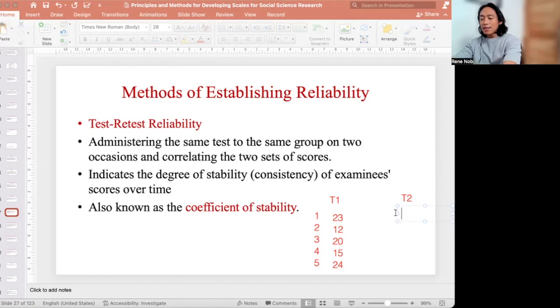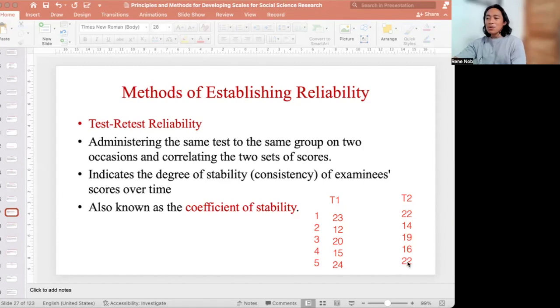So hypothetically, it might not be exact, but let's say, for example, participant 2, time point 2 got 22, participant 1 got 14, 19, 16, 22. And if you correlate these two sets of scores, the correlation should be above 0.8 for there to be considered as having test-retest reliability. Okay.